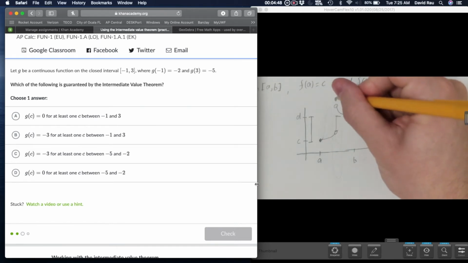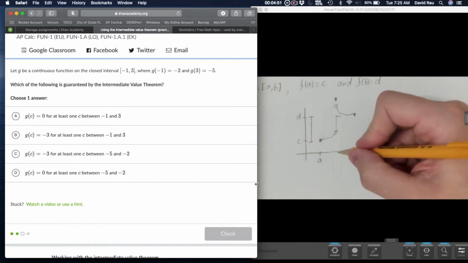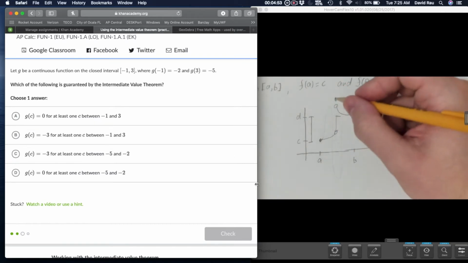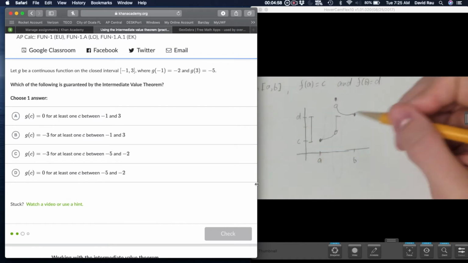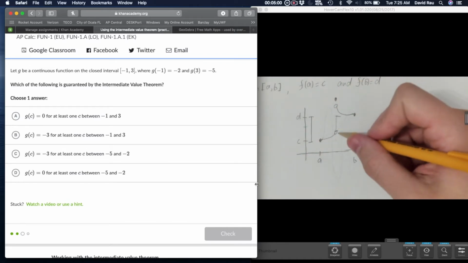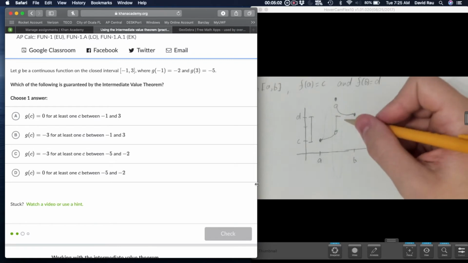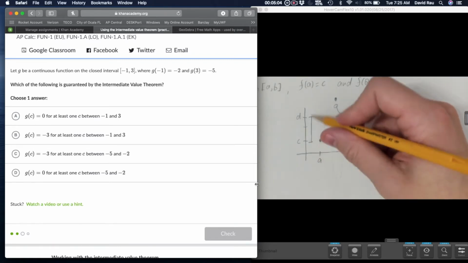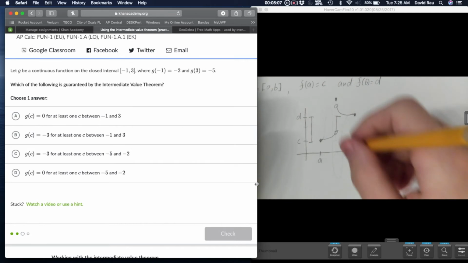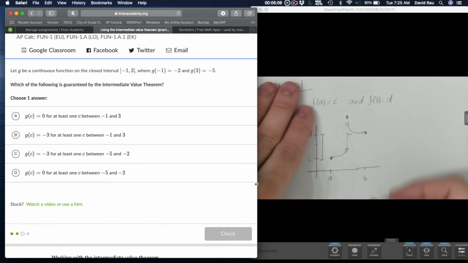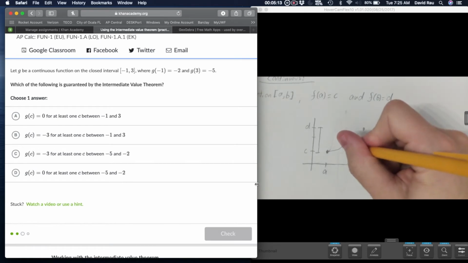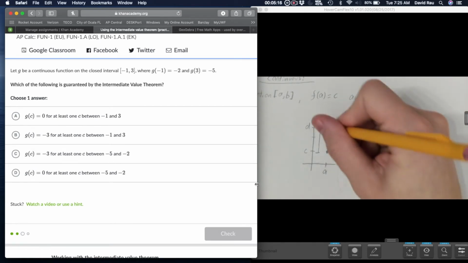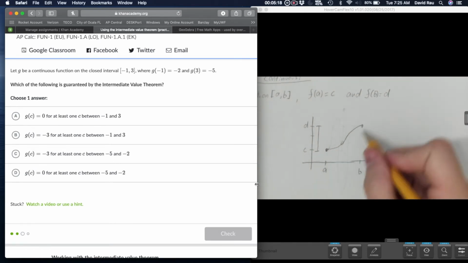It can be defined everywhere. There is something going on at this weird breakpoint. There is a function value, but you're never going to get the y value, whatever this is, 2.5, because the break allows you to not need to cover everything from c to d. But if you're saying the graph is continuous, if the graph never breaks, then somehow you're going to cross through every one of these y values in between on your way to get to d.